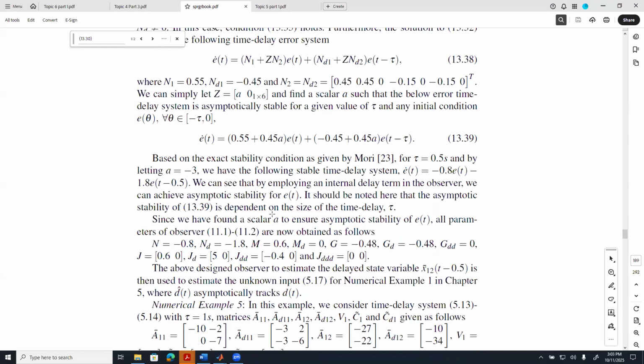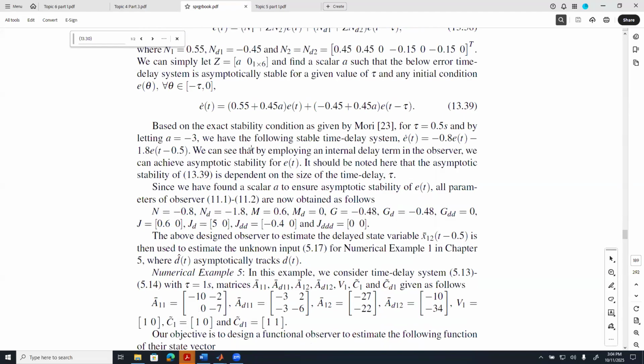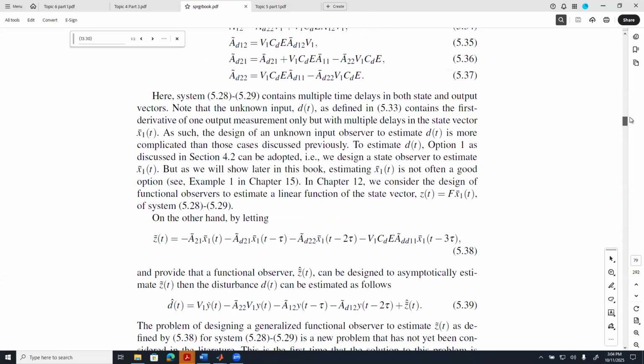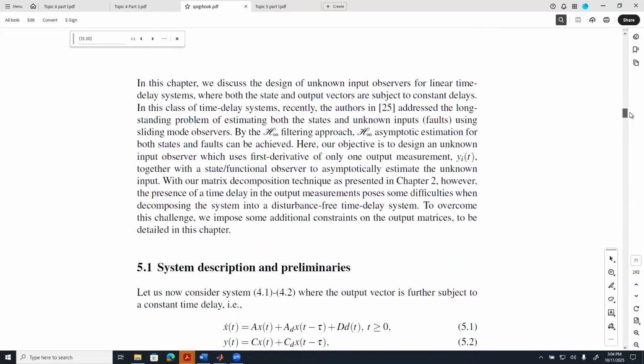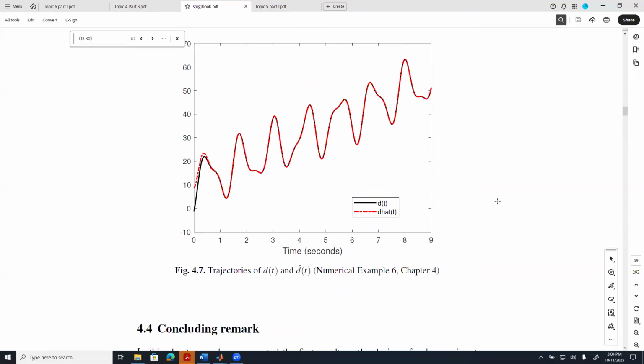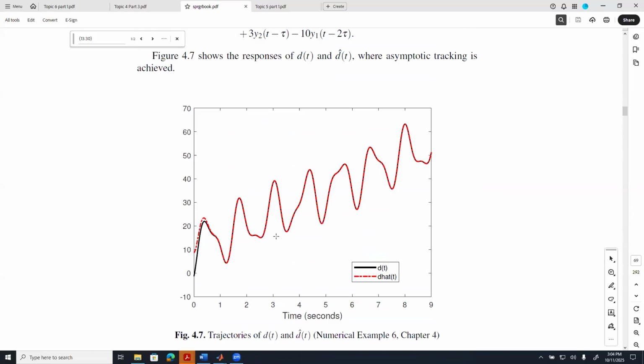All right, because of this situation here. This error here is basically estimating it with this error dynamics here. Okay, so if we look at the simulation for example 6, scenario 4, which is this one, you can see that it asymptotically converges to the true estimation quicker.